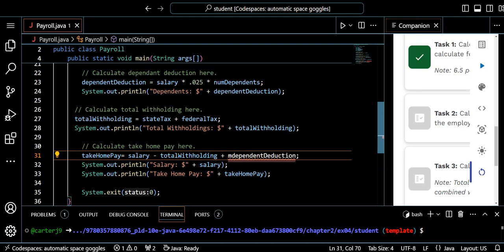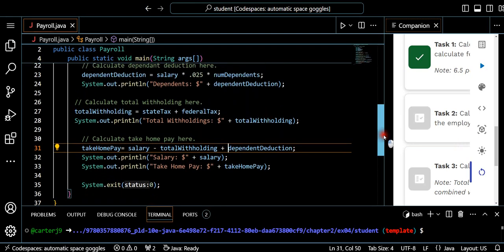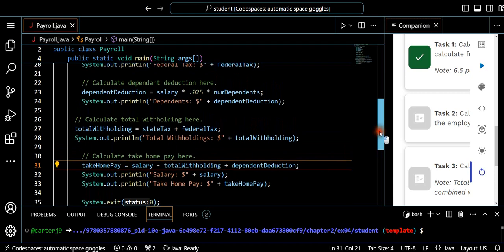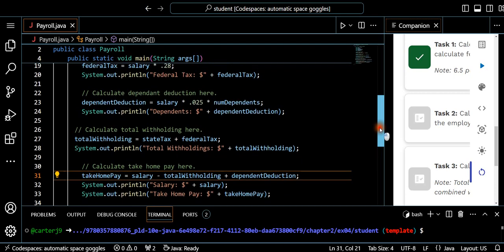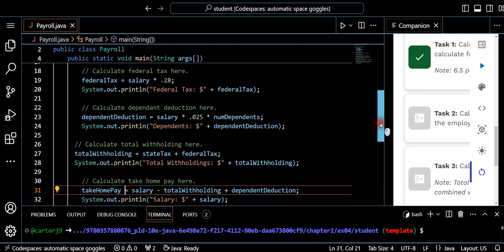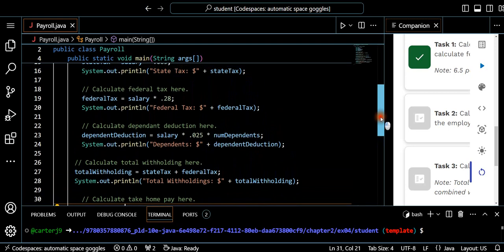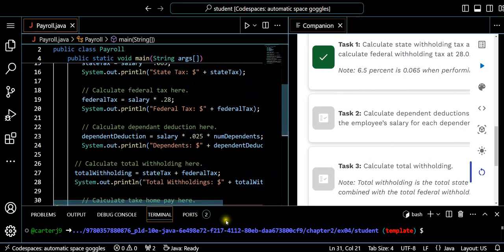All right, so that looks good all around. Base pay equals salary minus total withholding plus deduction. Let's check it for others. Spacing errors, state tax, federal tax. That's good. Everything looks good. I'm going to go ahead and run that and see what we get.